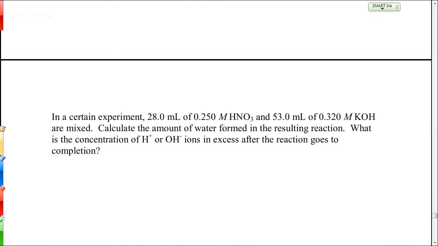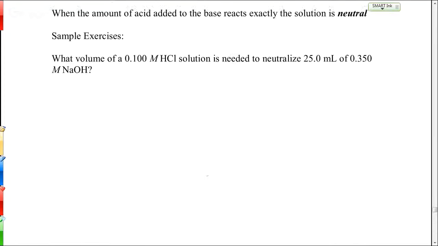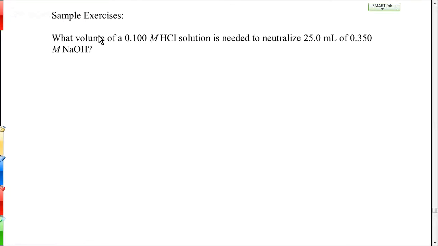Look at this one. This is how acid-base titrations usually go. You're taking an acid and putting it into a base, or taking a base and putting it into an acid, and you want to know how much you need of one to completely neutralize the other. So it's really just a stoichiometry problem.